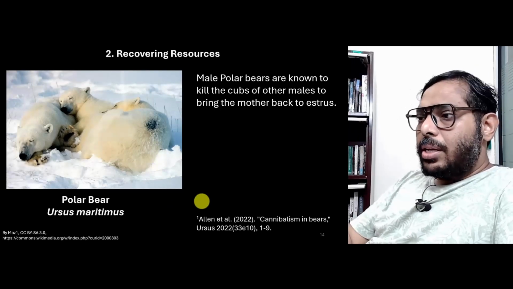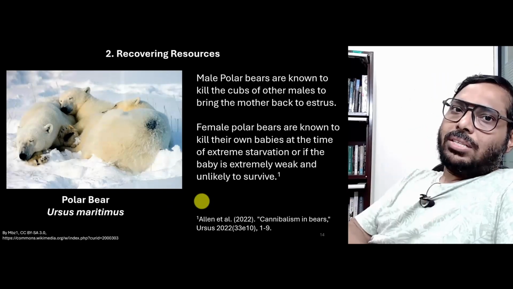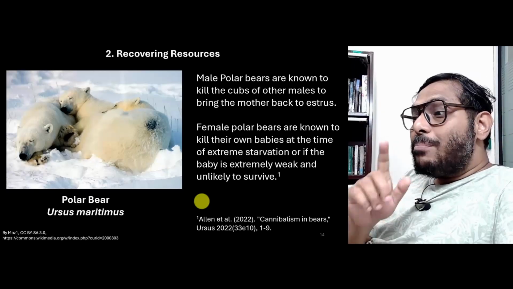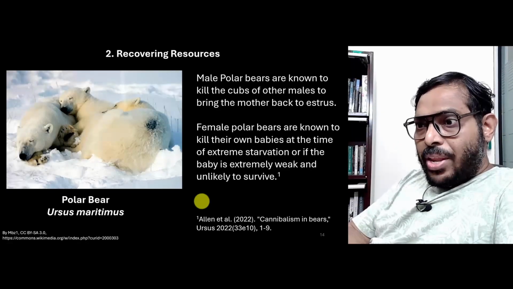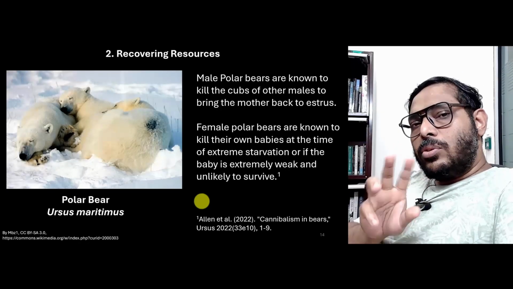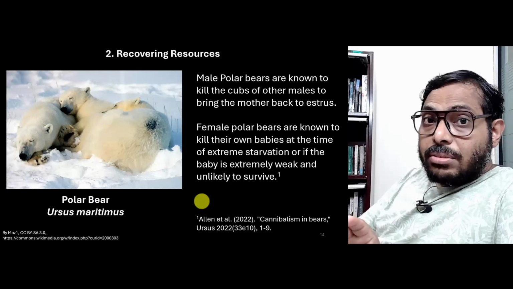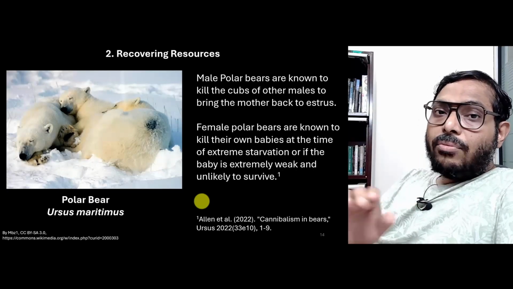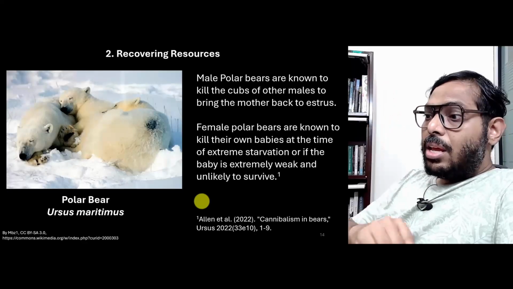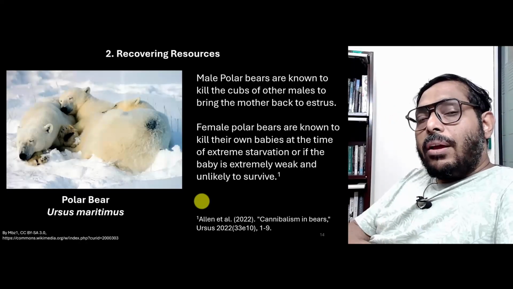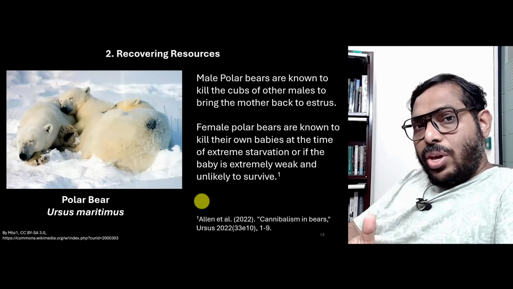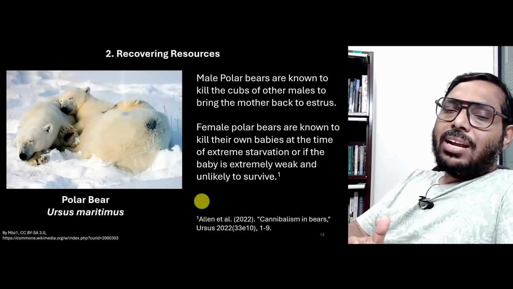The surprising bit is that female polar bears sometimes end up killing their own babies, and this typically happens during two stages. Either when there is extreme starvation, there is no food and the female is on the cusp of death, or if the baby is extremely weak and highly unlikely to survive.